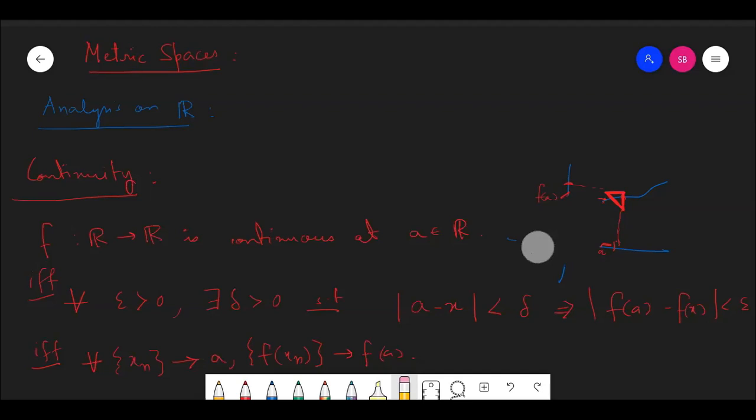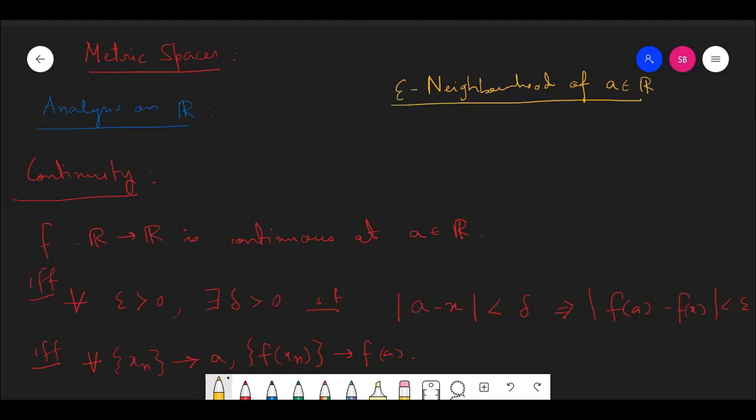So one more thing I was going to discuss is a neighborhood. This is something we can discuss later also, but let me discuss it here only. So this is a very basic definition. Epsilon neighborhood of a point A is the set of all points which is epsilon close to the point A. That is a minus epsilon to a plus epsilon.